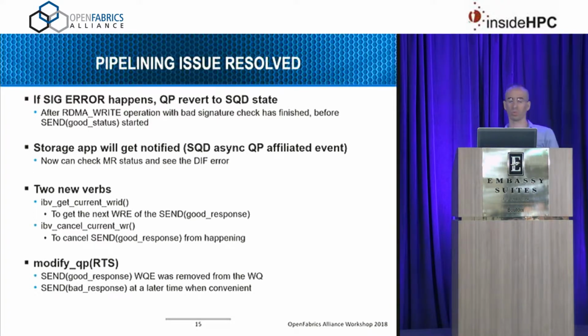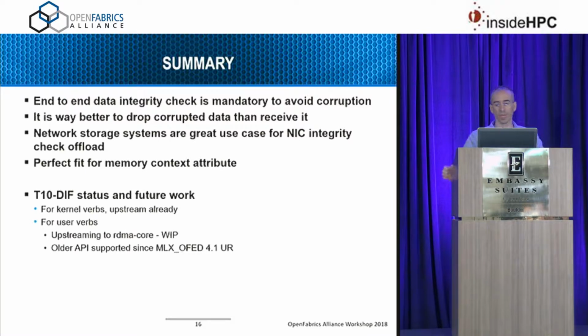So essentially, as soon as the application gets the SQD async affiliated event on its QP, it would call the get current work request ID, cancel the current work request ID, post a new bad response work request element, and move the QP with modify QP to RTS, ready to send. So the flow is pretty straightforward, as you have seen.